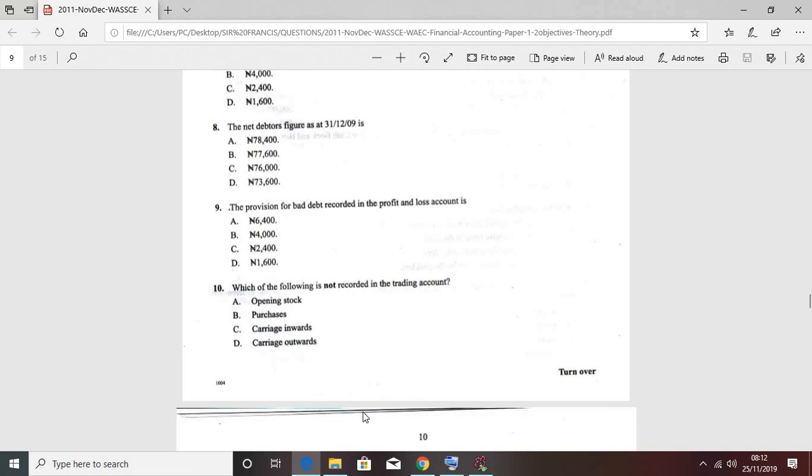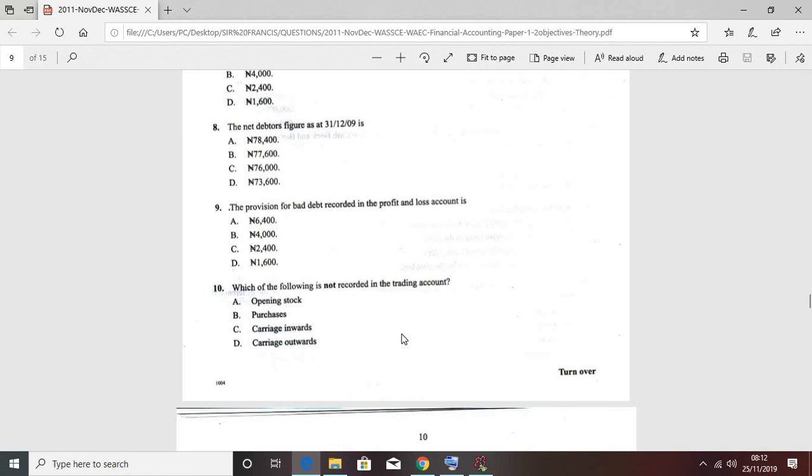So obviously the answer will be D, because carriage outward has to do with the cost that we incurred in transferring the goods to the customers. So it will be found at the expenses side of the account, and then the expenses side comes after we are done with the trading account.